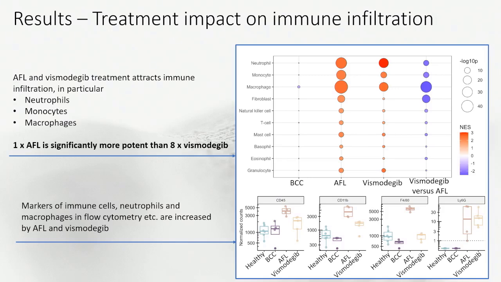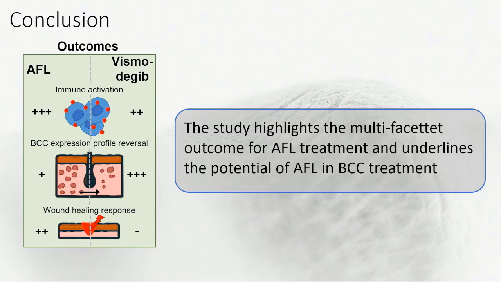The lower part is just showing you a few of the most common markers for flow cytometry that we picked out from the genes, showing that markers for neutrophils and macrophages are also upregulated by these 2 treatments, supporting our conclusion. So in conclusion, what we see is that ablative fractional laser is the most potent of the 2 treatments for induction of immune response.